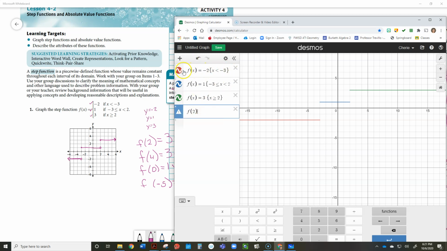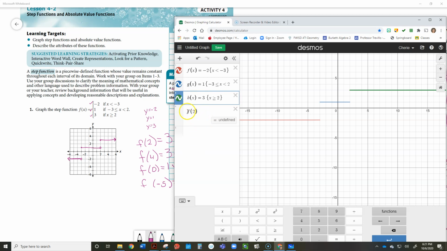So it doesn't know whether I'm talking about this f of x, this f of x, or this f of x. So there is a quick fix I can do. I can rename these, call it f of x, g of x, and h of x. And these letters don't matter. You can put any letter that you want out there.